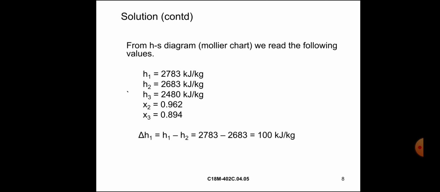Delta H1 is equal to H1 minus H2, 2783 minus 2683, which is 100 kilojoule per kg. Delta H2 is H1 minus H3, 2783 minus 2480, which is 303 kilojoule per kg.